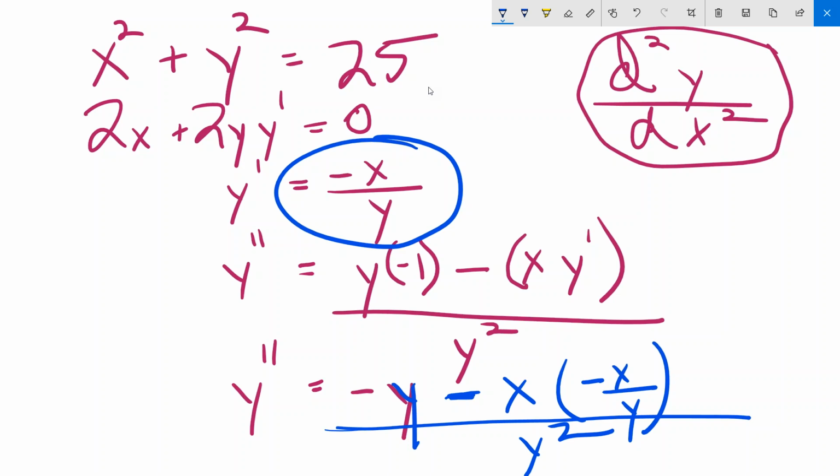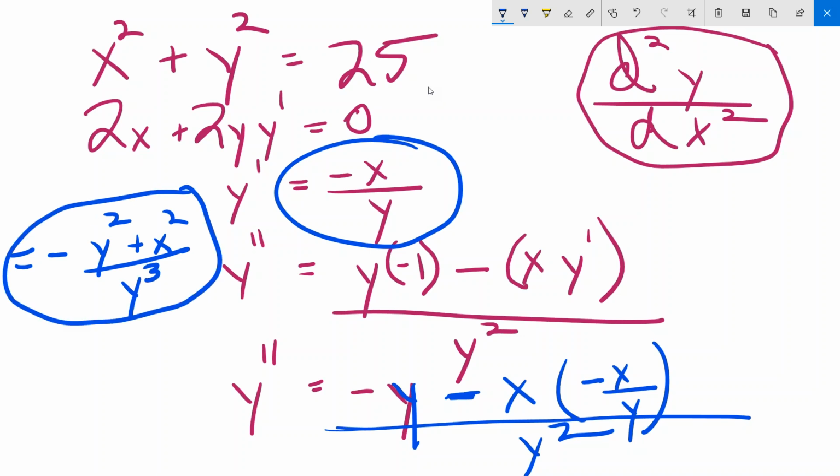Now, if you simplify this, again, I'll save you the algebra, it comes down to this.